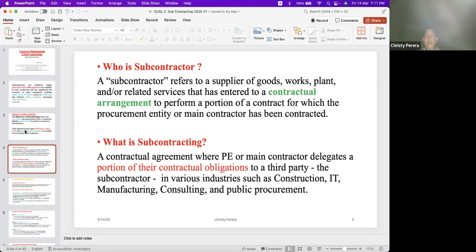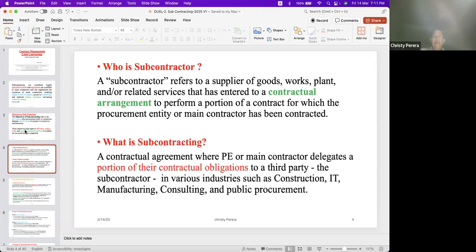A subcontractor or a nominated subcontractor delegates a portion of their contractual obligations to a third party. Subcontractors exist in various industries such as construction, IT, product manufacturing, consulting, and public procurement. In any contract you can have these subcontractors.